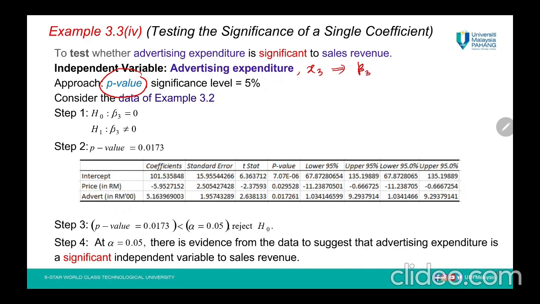If we want to say that advertising expenditure X3 is significant to Y, it means that beta 3 must be not equals to 0. So this is the claim now.